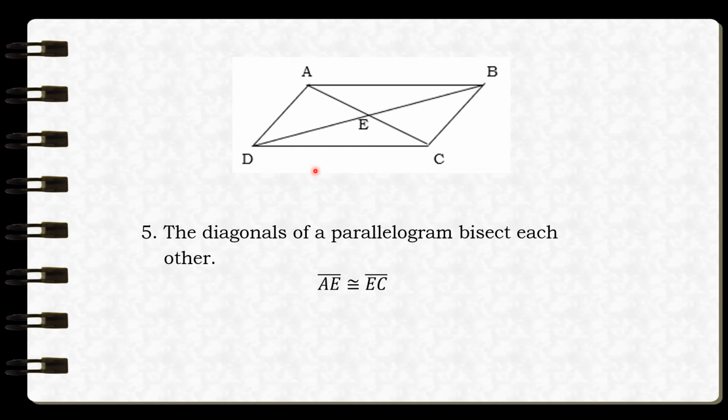So, segment AE is congruent to segment EC. And segment DE is congruent to segment EB.